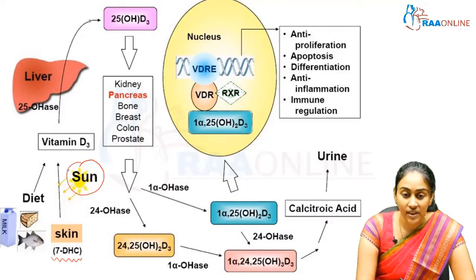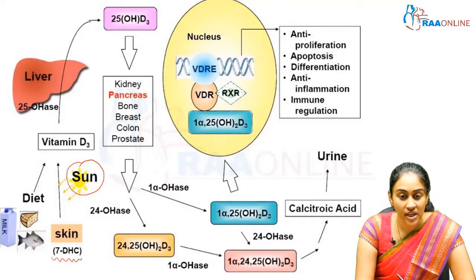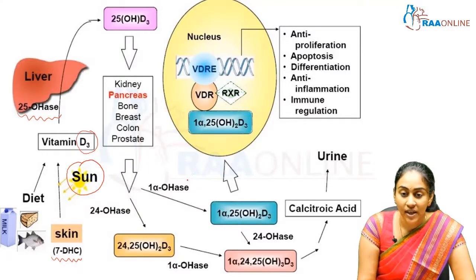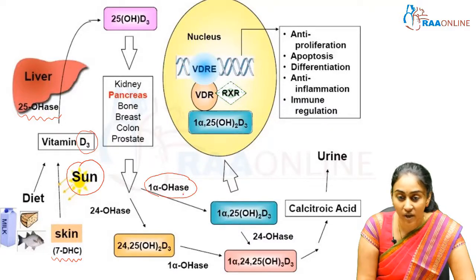And these ultraviolet rays convert the 7-dehydrocholesterol into vitamin D3, which is cholecalciferol, which is then taken up by the liver and subjected to the action of 25-hydroxylase. And then it's converted into 25-hydroxycholecalciferol. This subsequently goes to the kidney, where there is another hydroxylase, which is 1-alpha hydroxylase.